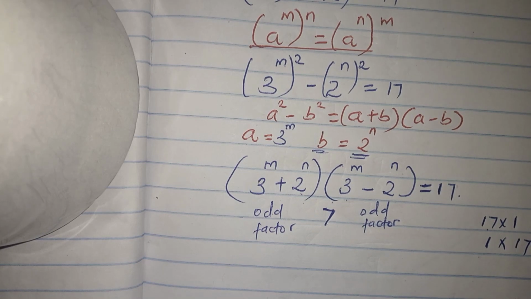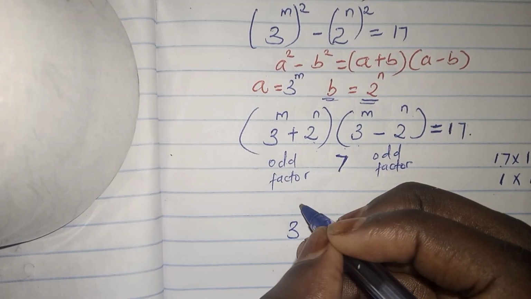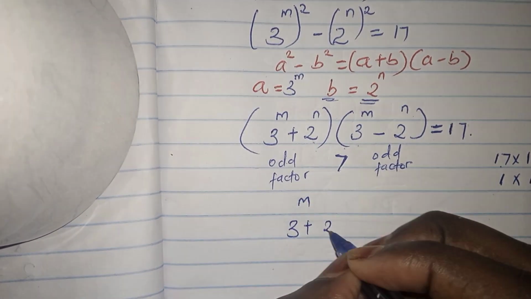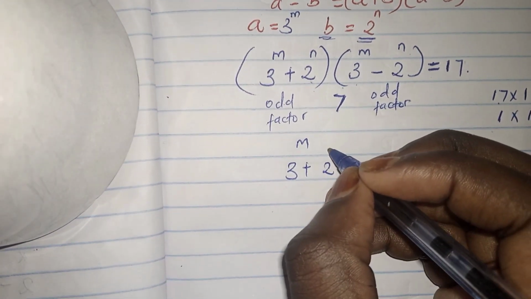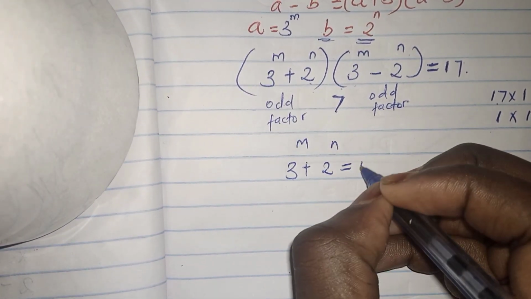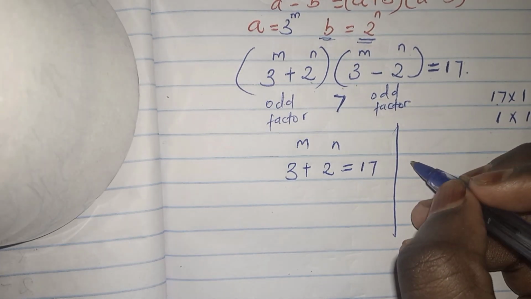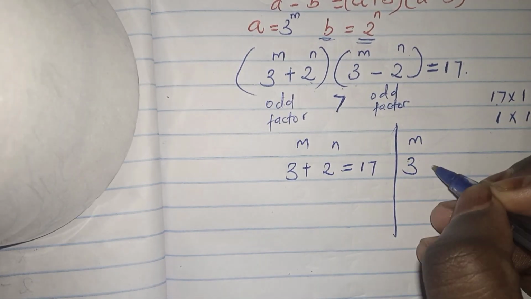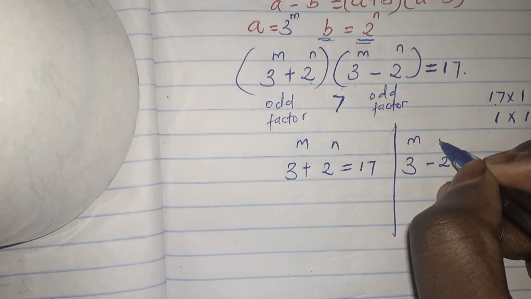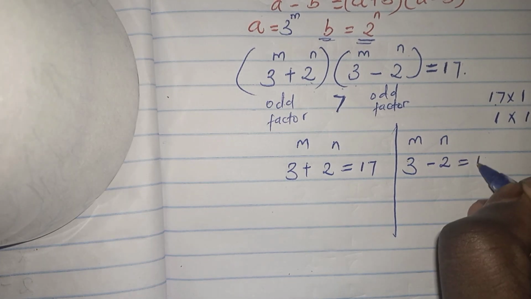This is what I mean. 3 to the power of m plus 2 to the power of n is equals to 17, and 3 to the power of m minus 2 to the power of n is equals to 1.